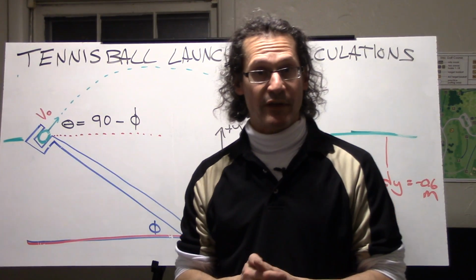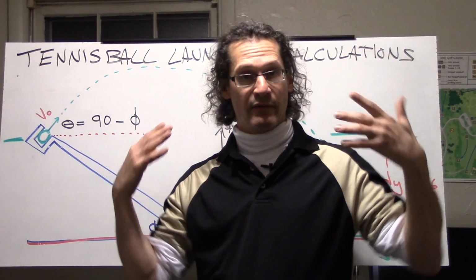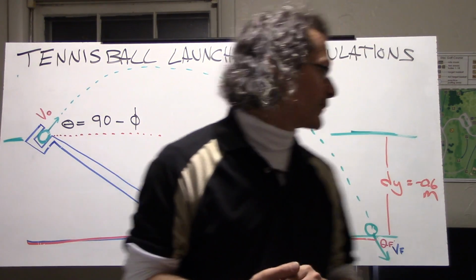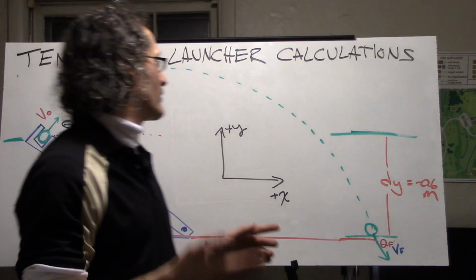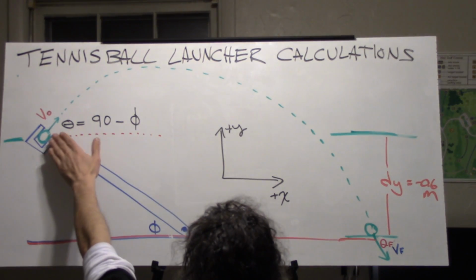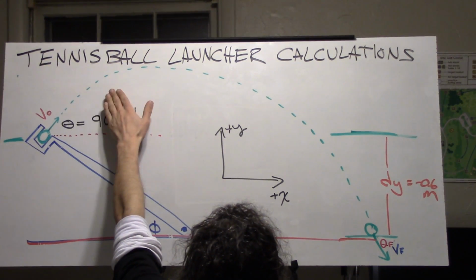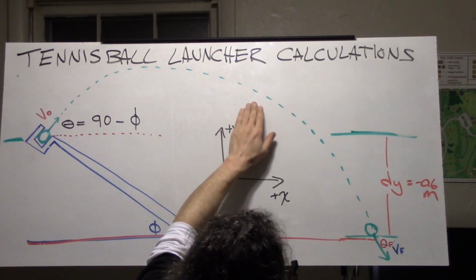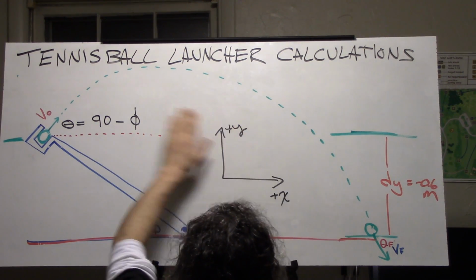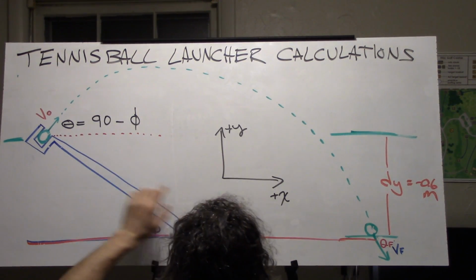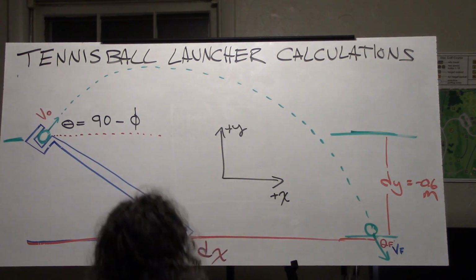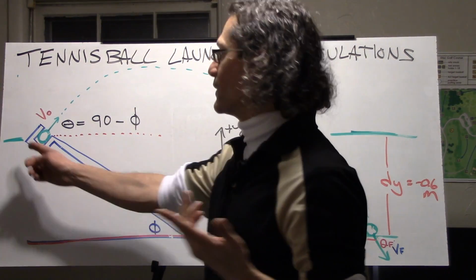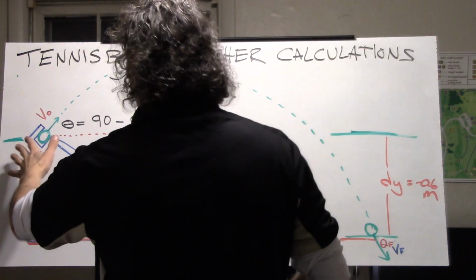So one of the things that you need is the final velocity, okay? And what we notice is, of course, it starts off here. It will travel as a projectile in a parabola. It would probably be advantageous to consider this point over here the origin.